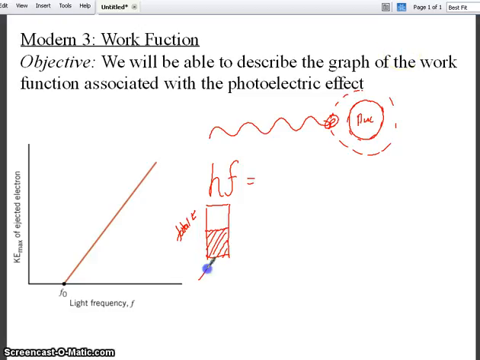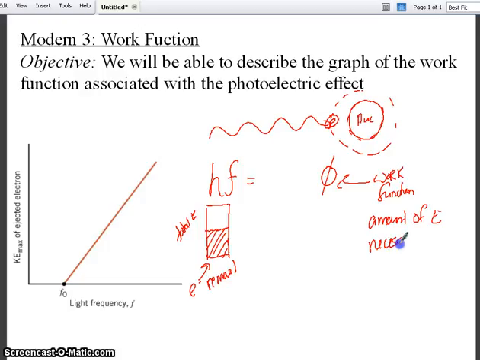So this is the electron removal. We're going to call that the amount of energy to remove electrons the work function. This is the work function, the amount of energy necessary to remove the electron.